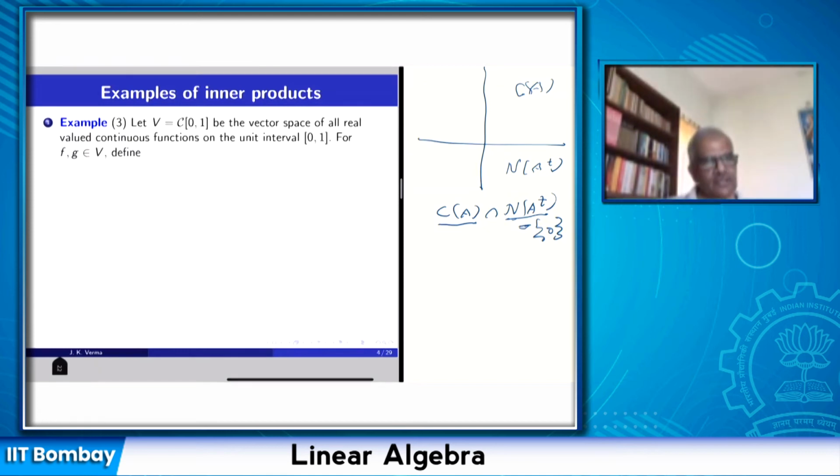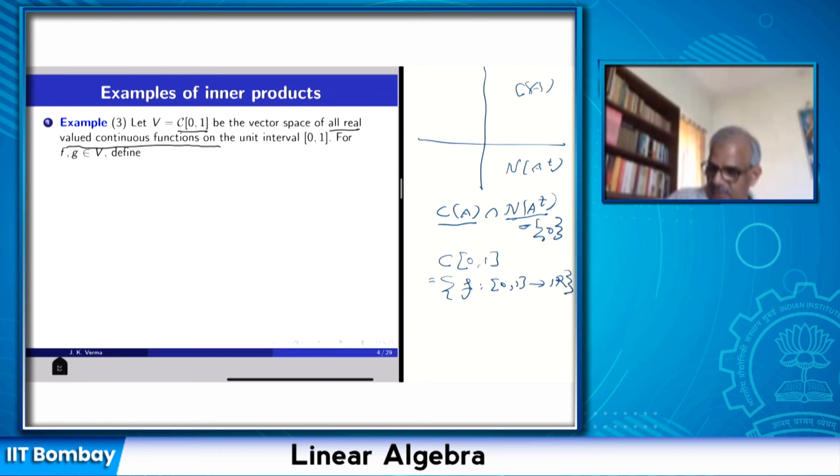Standard addition of functions and scalar multiplication of functions form a vector space. So look at all real valued functions on the closed bounded interval. This is the vector space which is written as C[0,1]. This is the vector space of all continuous functions from the closed bounded interval [0,1] to the field of real numbers.